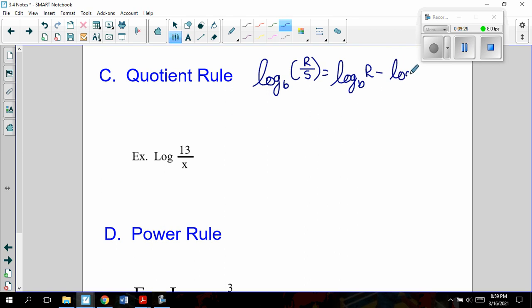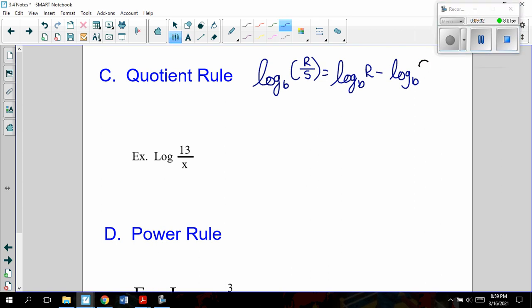So log base b of the numerator r, minus log base b of s. When there is division, I can split into two logs, subtracting the log of the numerator minus the log of the denominator, again maintaining whatever your base is, it has to stay there.